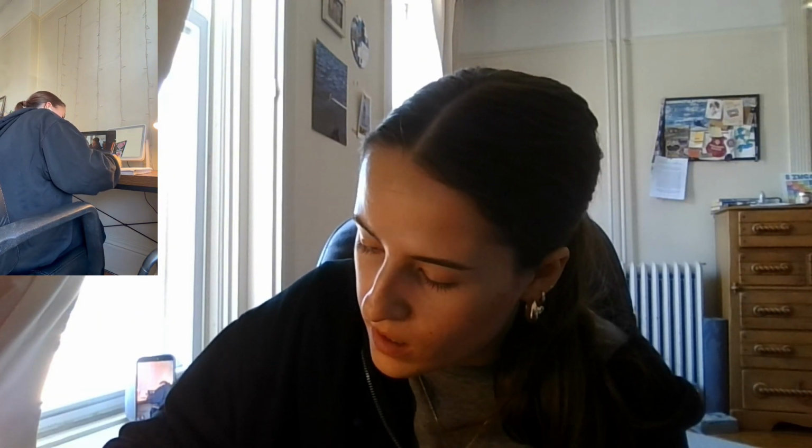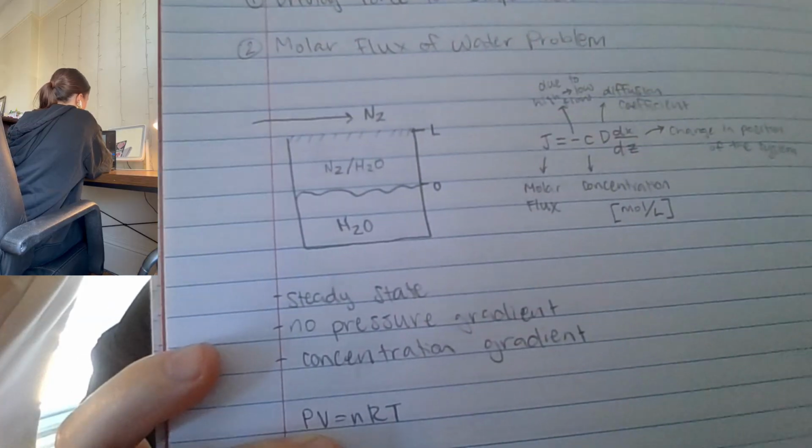And now we're going to look at what the concentration gradient looks like. If we recall from chemistry, we have the PV equals nRT equation, and when we're talking about concentration, we're talking about moles depending on how much volume we have. So our concentration is going to be in units of moles per liter.